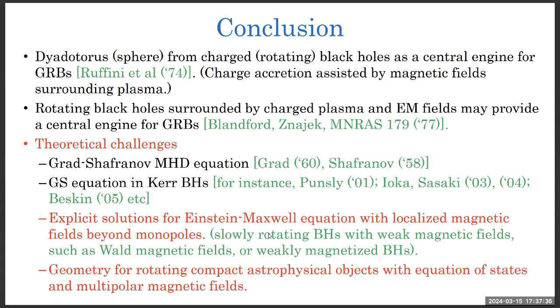So a rotating black hole allows this Wald magnetic field. The slowly rotating Schwarzschild-type black hole can have some weak magnetic field.